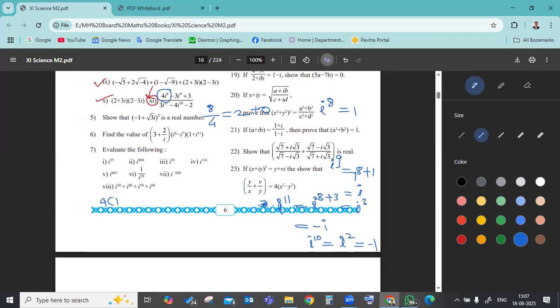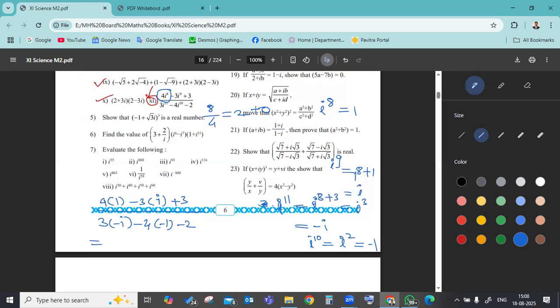4 into 1 minus 3 into I plus 3 divided by 3 into minus I cube minus I, right? Minus 4 into I raised to 10 minus 1 minus 2.